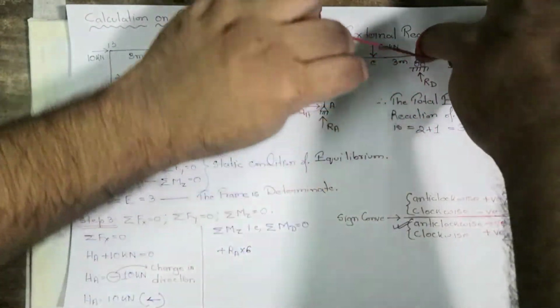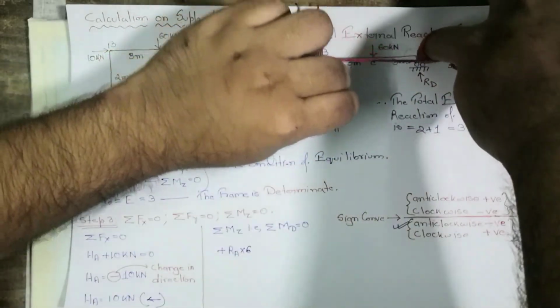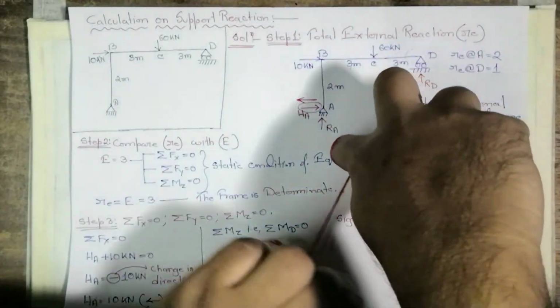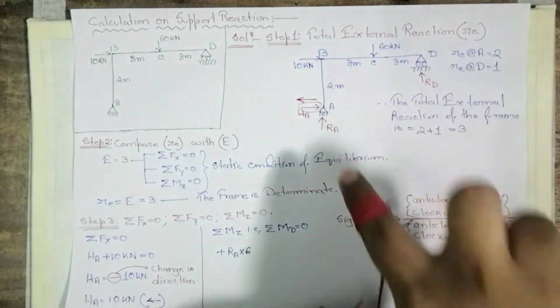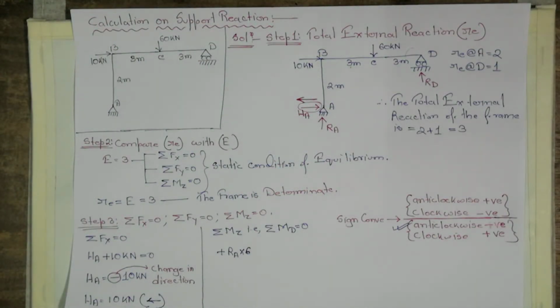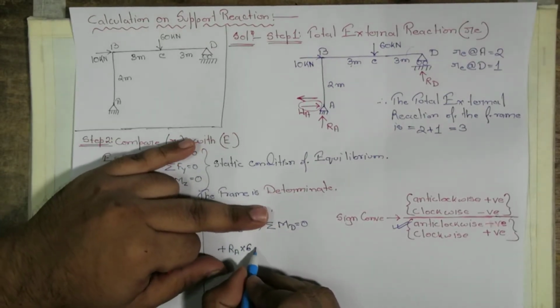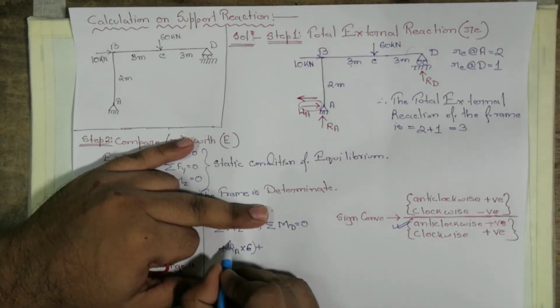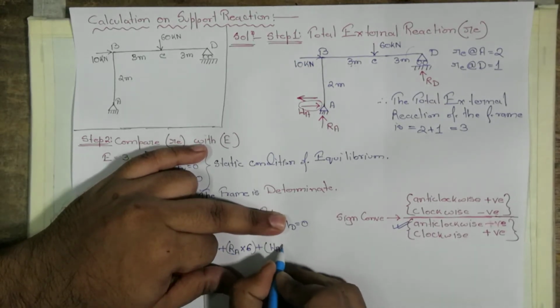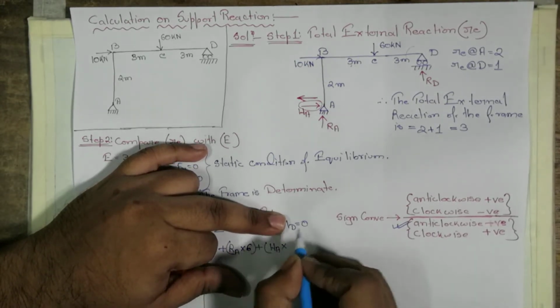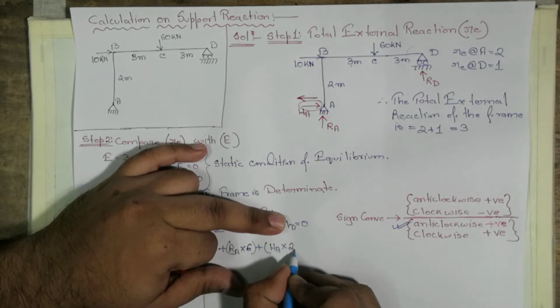HA is acting in clockwise direction, as you can see. So we are going to write it as positive HA into 2 meter away from D, so 2.